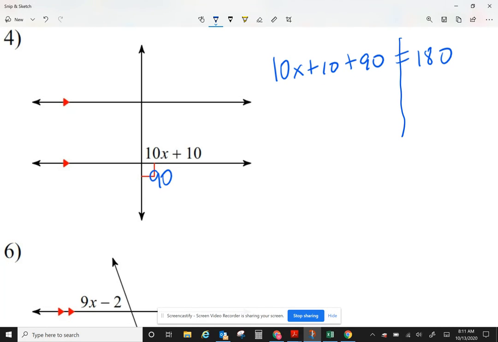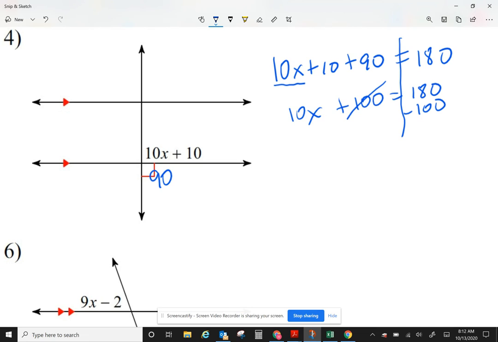Let me separate the sides at the equal sign. The left side I can combine a little. When it comes to letters, I have 10x. But then 10 plus 90, let me call that 100. And this is equal to 180. So I have 10x plus 100 equals 180. I want to have the x by itself, so the 100, let me move it over as a minus 100.